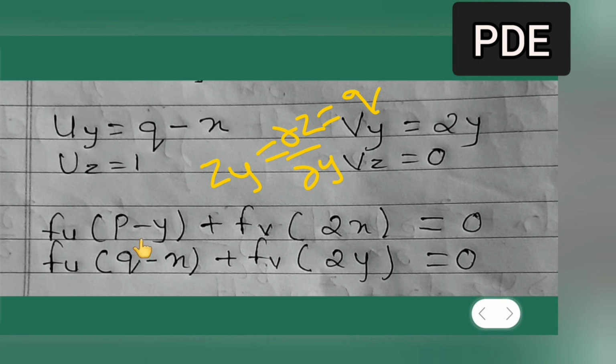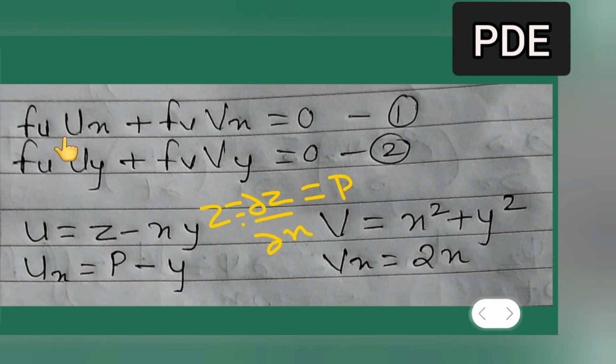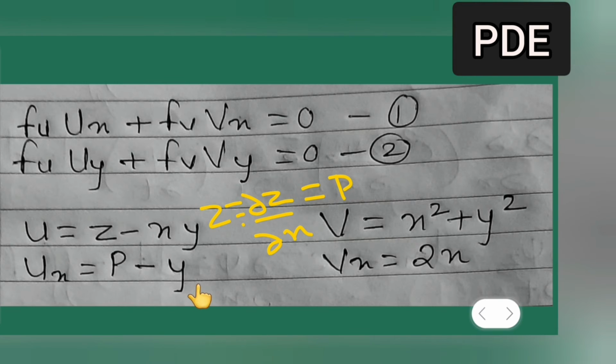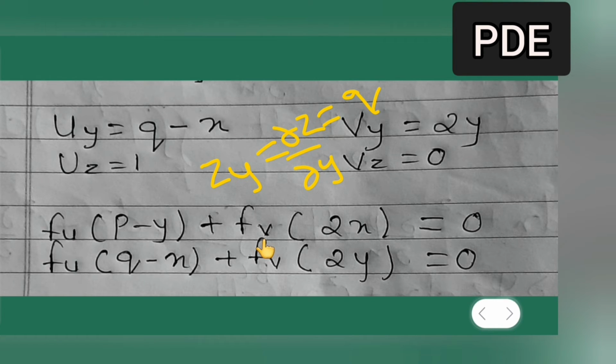Write it as it is. Now what is u_x? u_x is nothing but p minus y. Plug the value over here. Plus f_v, write it as it is, and then v_x is nothing but 2x. So 2x, I have written as it is, equal to 0.